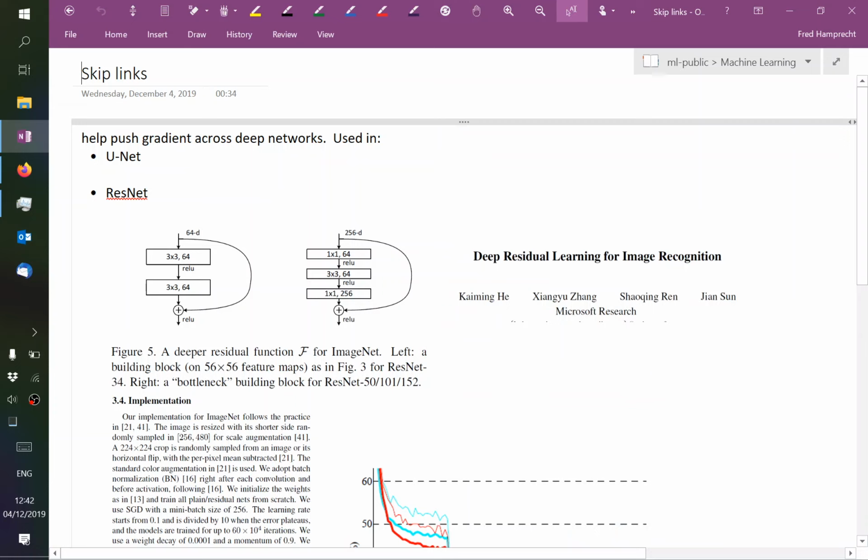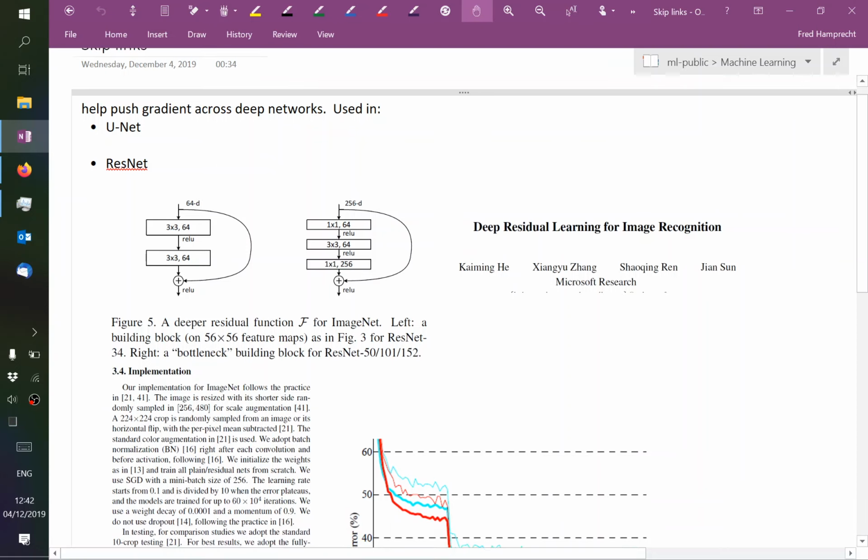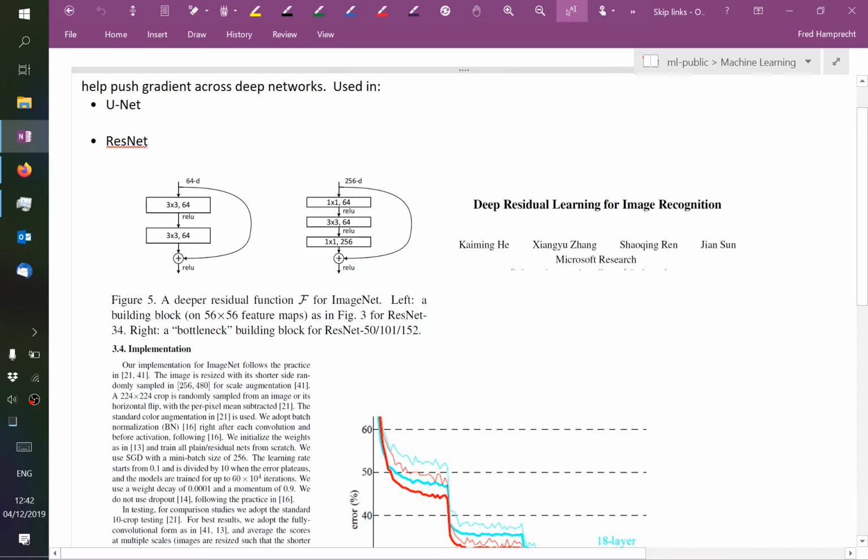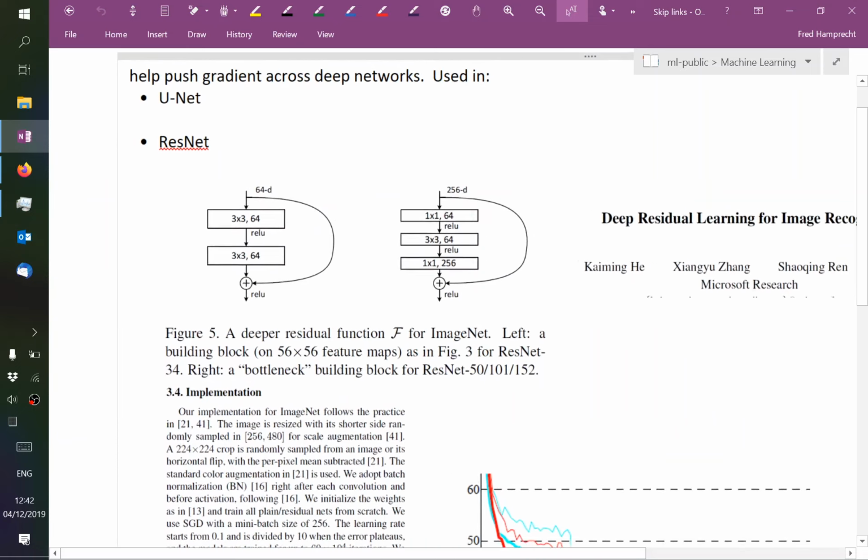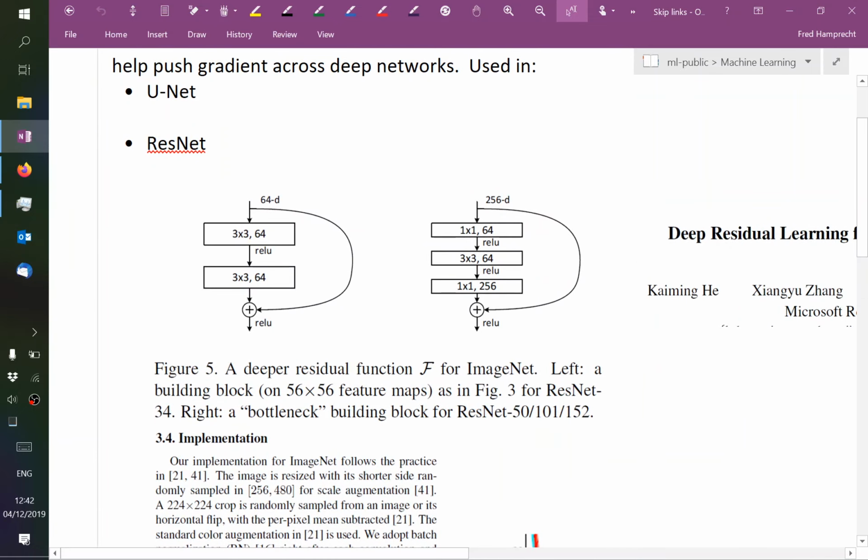I mentioned skip links. I mentioned them in the unit. I mentioned them not yet in the ResNet. What you see here on the left is an element of an architecture called ResNet.